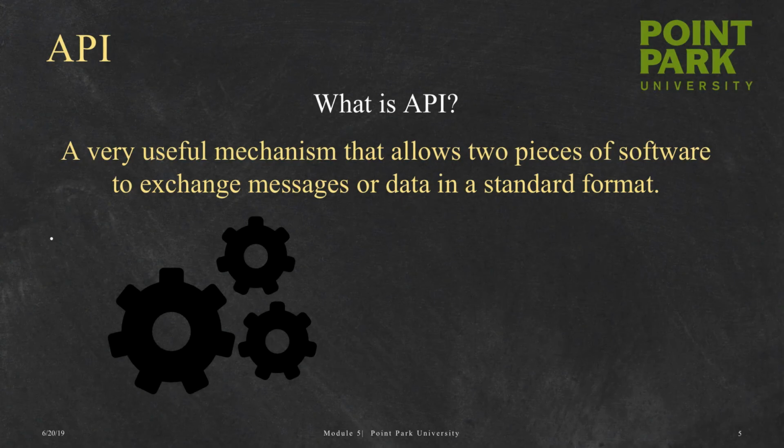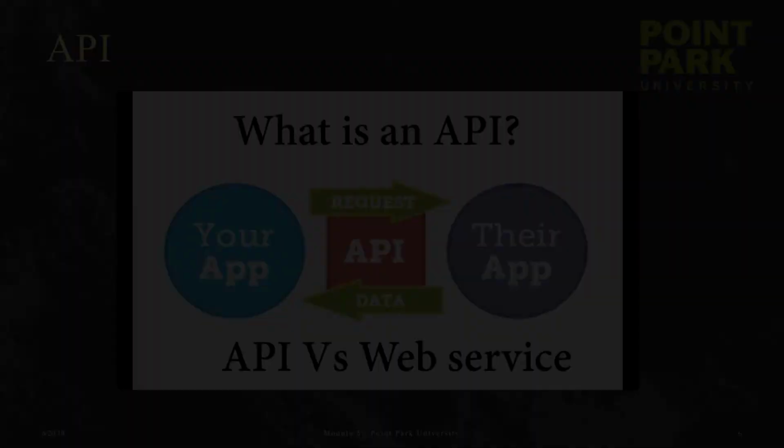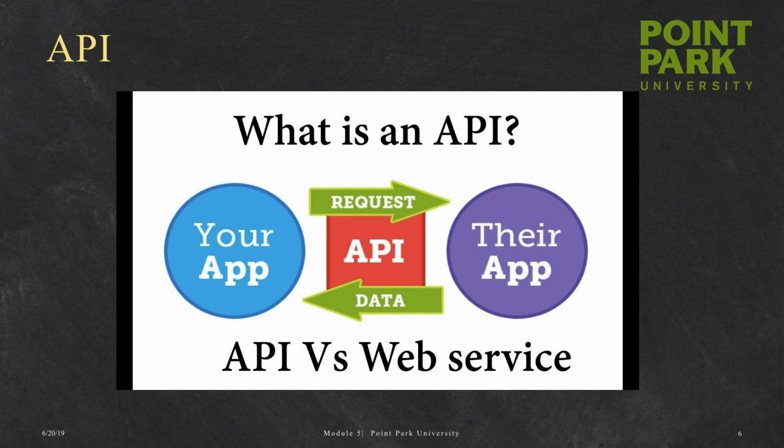So what is an API? It's very useful. It's a mechanism where two pieces of software exchange messages in a standard data format, like I mentioned. So you have your app, and then you make a request, and then they provide you something. Let's talk about a very popular company, Uber.